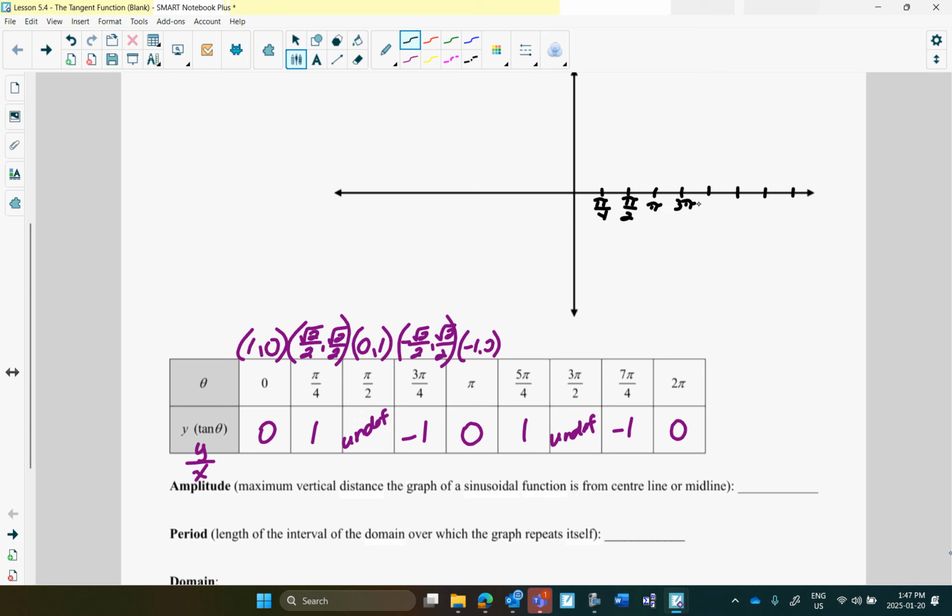Oh, sorry, I made a mistake. 1 pi over 4, 2 pi over 4, 3 pi over 4, 4 pi over 4, which is pi, 5 pi over 4, 6 pi over 4, 7 pi over 4, 8 pi over 4, which is 2 pi.